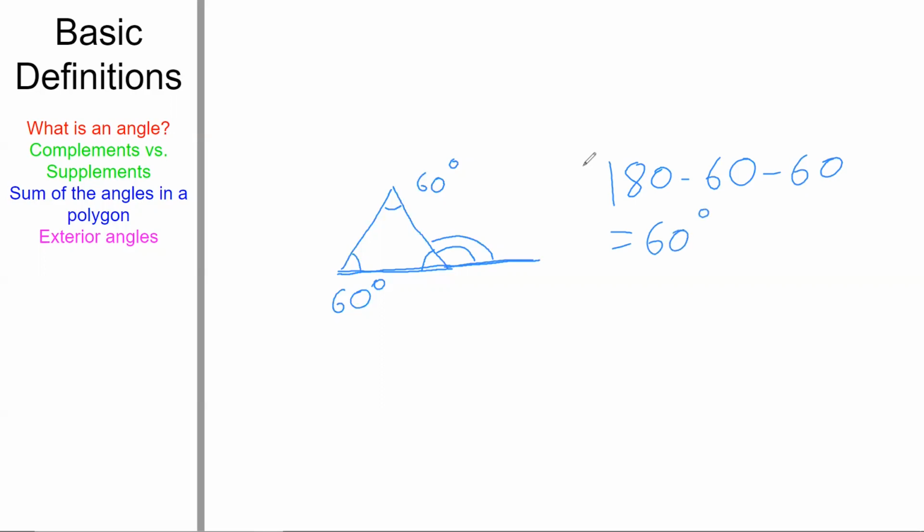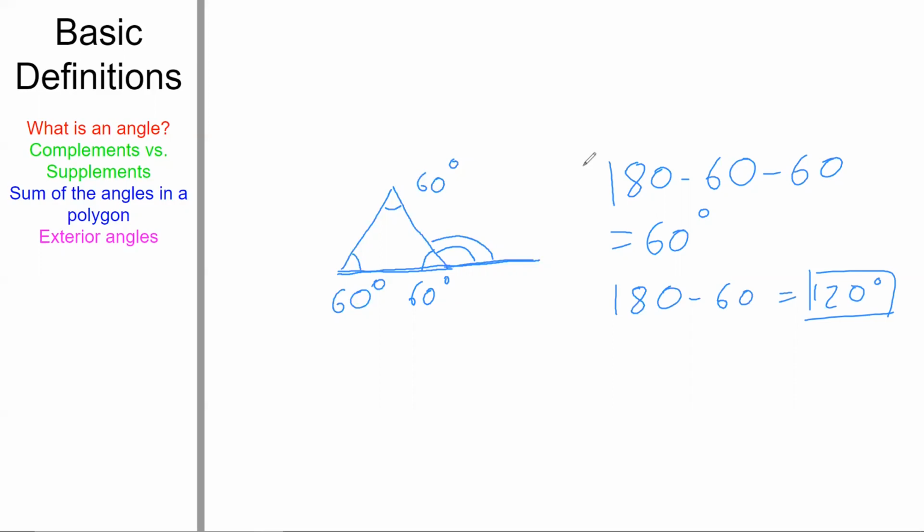Meaning this angle here is also 60 degrees, and 180 minus 60 degrees is 120 degrees. So that is what an exterior angle is.